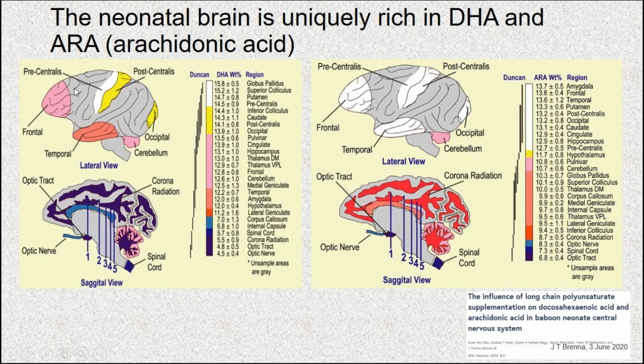The cerebral cortex is rich in DHA, but also the basal ganglia and the limbic system, buried deep within the brain, are rich in DHA. There are structures on the midbrain, the superior and inferior colliculus, that are among the highest in DHA. Same is true for arachidonic acid. The brain is rich in arachidonic acid as well. So both of these are required for the function of the neural system.